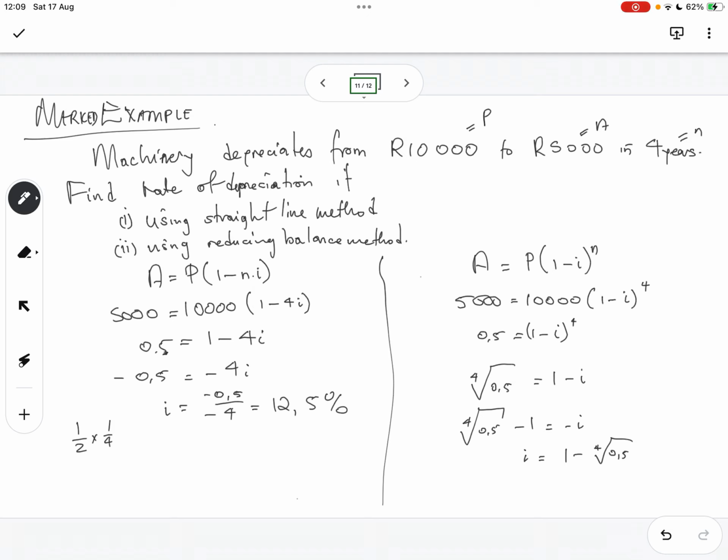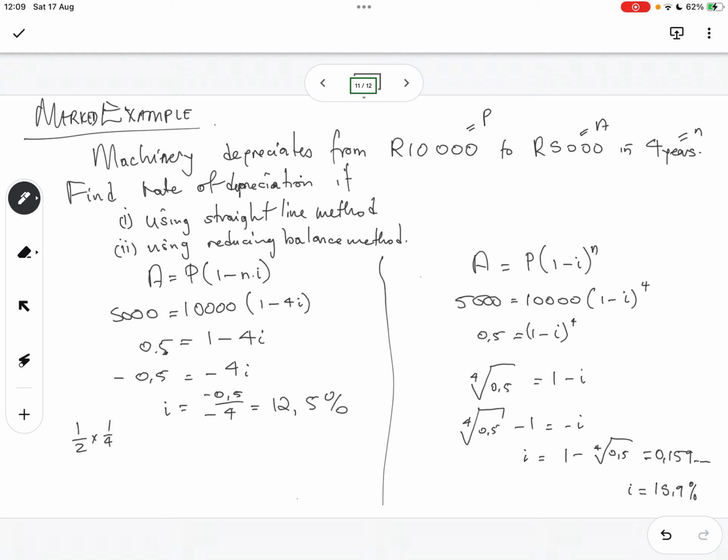Hold up. I have 0.5, and I take the fourth root of it. Yes, it's 0.84. It's not to the power 4, it's the fourth root. And then I subtract that from 1. This equals 0.159 something, and the interest rate, if I multiply this by 100, is 15.9%.